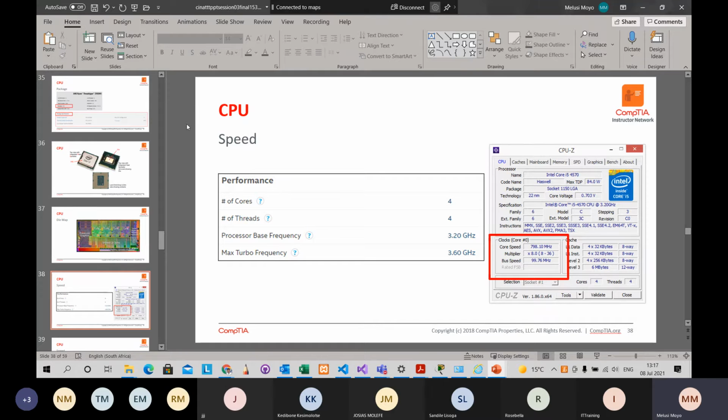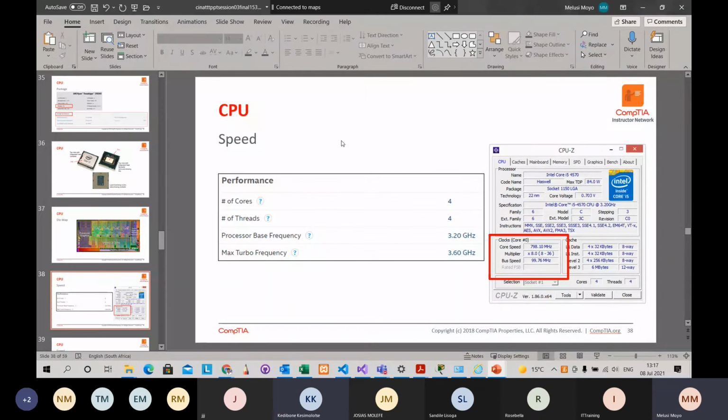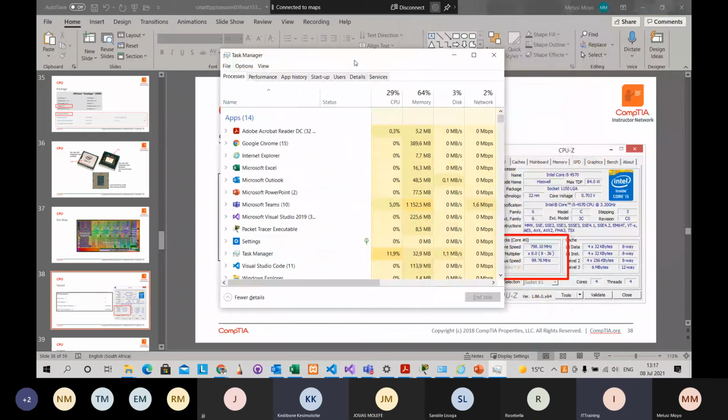Okay, let me try maybe to share my Task Manager and see if I'll be able to show you. So what's the shortcut to get to Task Manager? You right click on the status bar, then it will give you the option of Task Manager. Then you click on it.